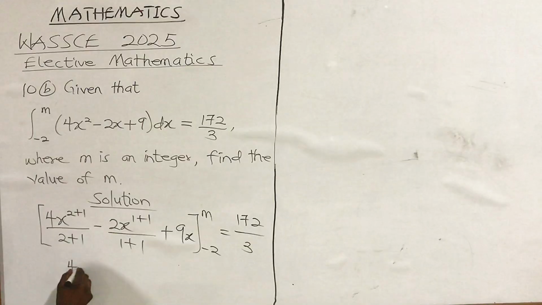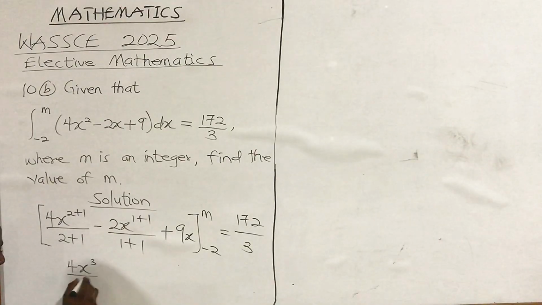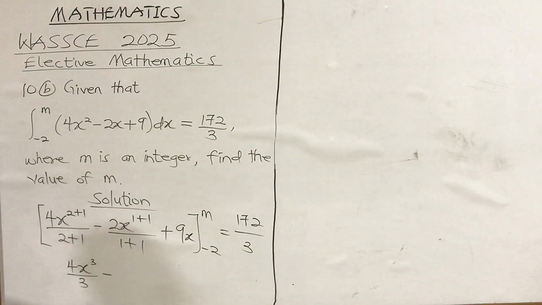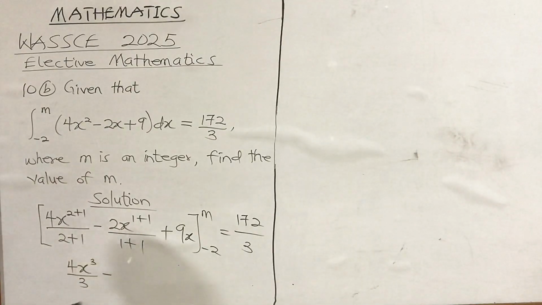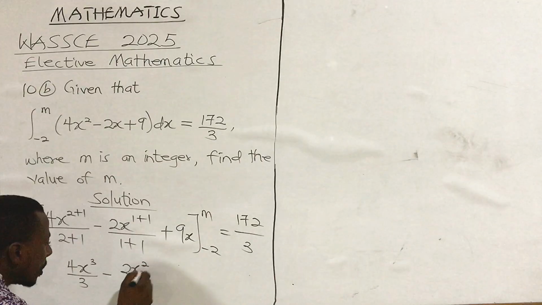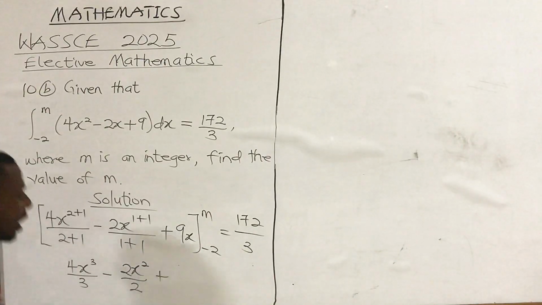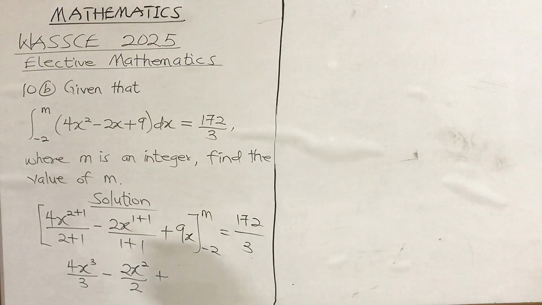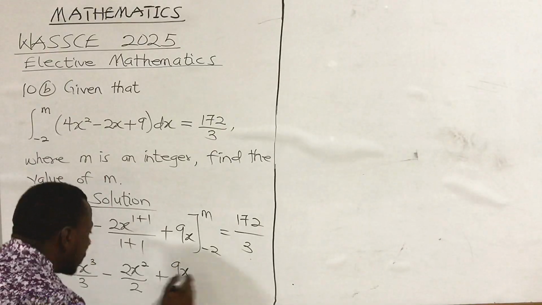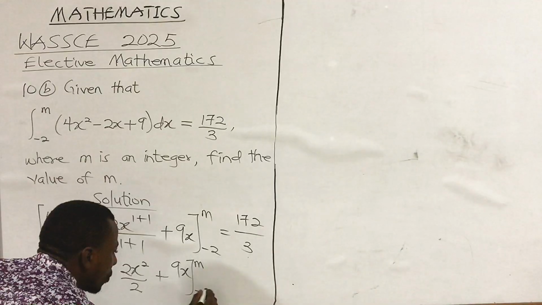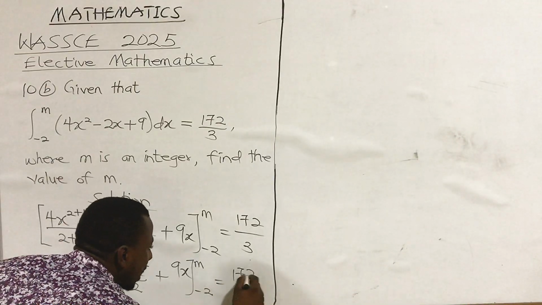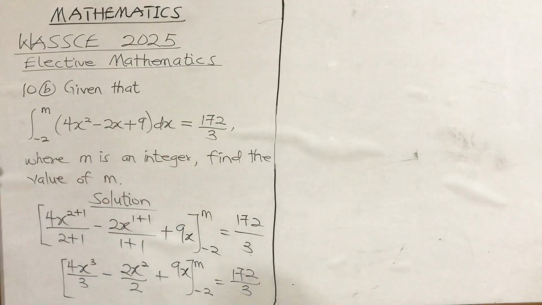So we have 4x cubed all over 3 minus, here we are going to get 2x, 1 plus 1, we have 2. So we have 2x squared all over 2 plus, and over here we have 9x, still with the limit m to -2, equated to 172 all over 3.